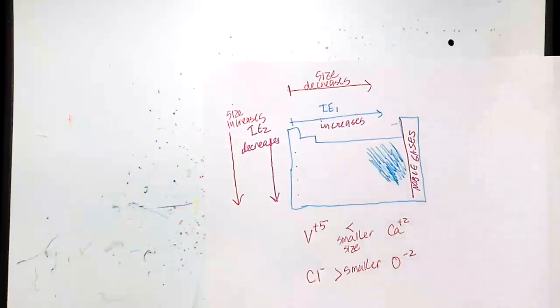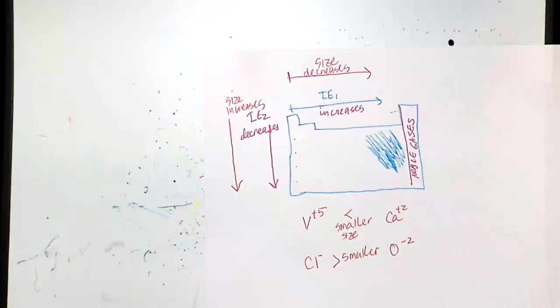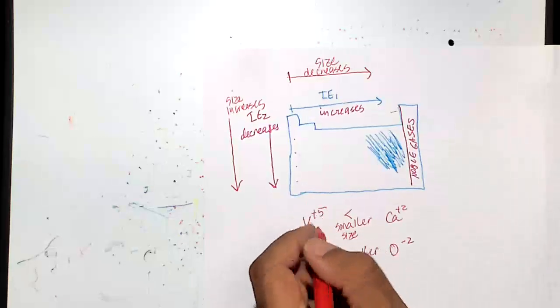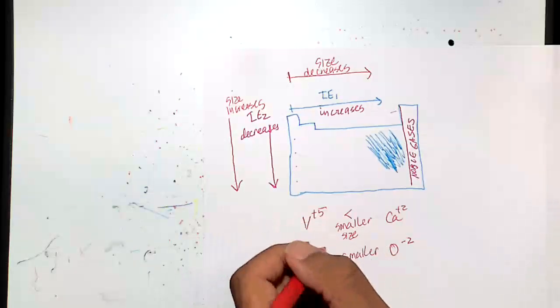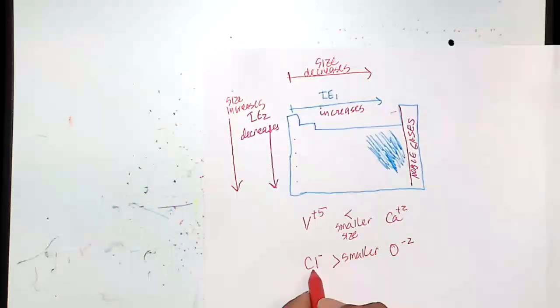So, something like O minus 2. Just remember, cations lose electrons, anions gain electrons. So these losing 5 electrons make it smaller. This should make some intuitive sense. Something that gains 2 electrons would be larger than something that gains only 1 electron.